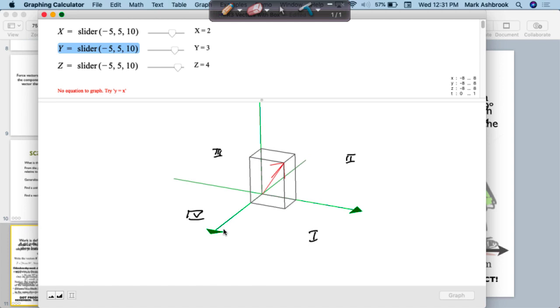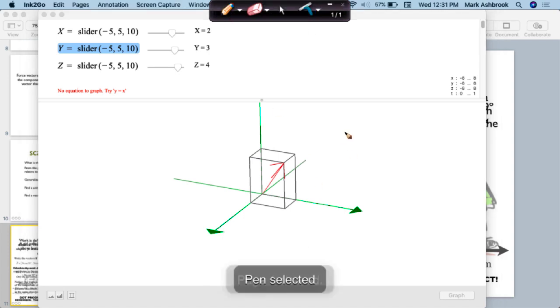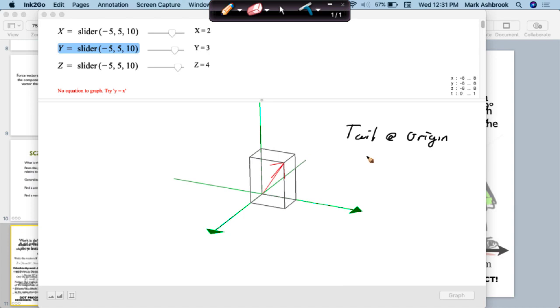And so what I've done here is I've put that vector with its tail at the origin. If you take a vector and put its tail at the origin, that's called standard position. And something special happens.